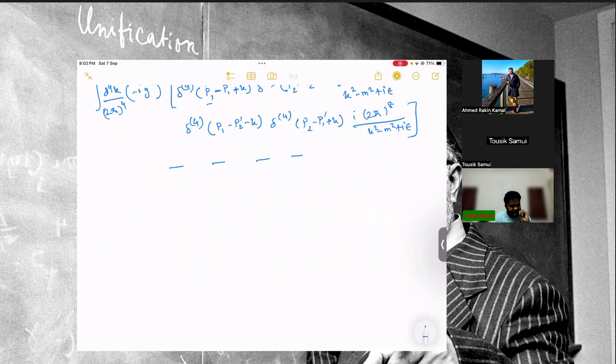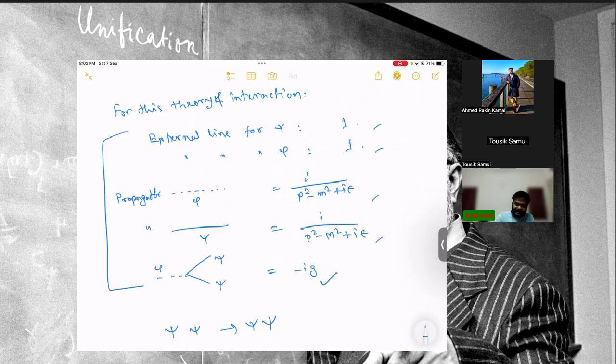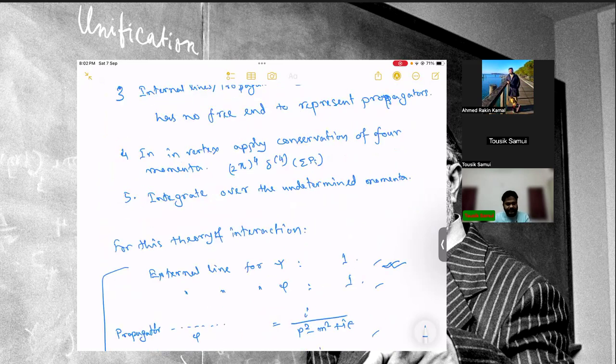Okay, so now the same thing will happen, but in a slightly more complicated way for the QED case, where we have fermions and gauge bosons or the vector bosons, where propagators of course will be modified, but this external line factor will be something different, because we have a slightly different structure in front of the B dagger operator or B operator or A dagger operator that we saw.